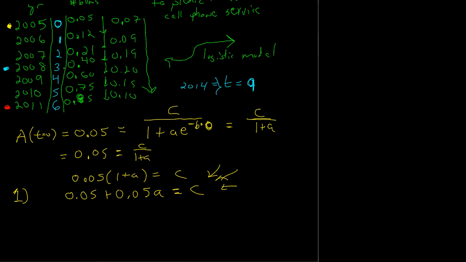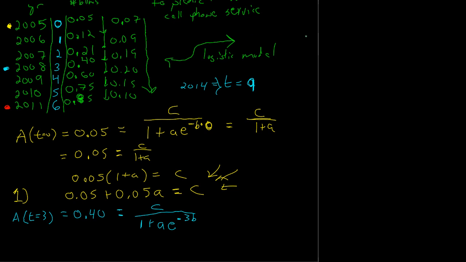All right, let's work on equation 2 then. And so I have A at time equals 3, which is equal to 0.40. So I have C over 1 plus A times e to the minus 3B. I don't know B, I don't know A, and I don't know C. So the best I can do is clean up this equation a little bit.